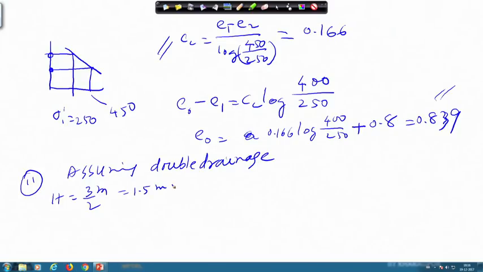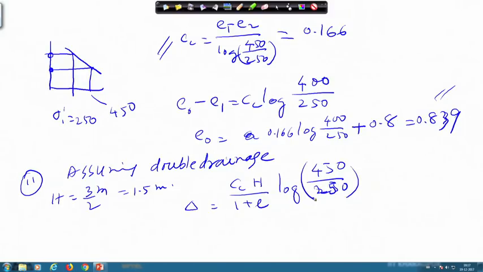Then the total settlement delta will be equal to Cc into H by 1 plus e naught into log (450 by 250). Okay, 450 by 250.